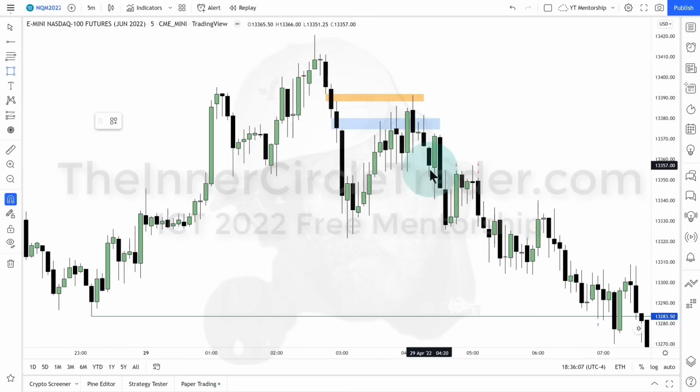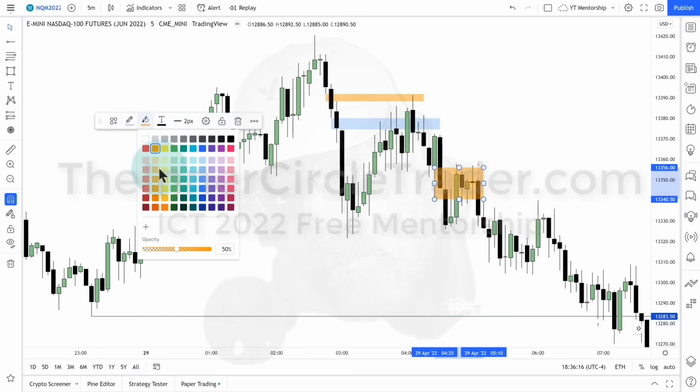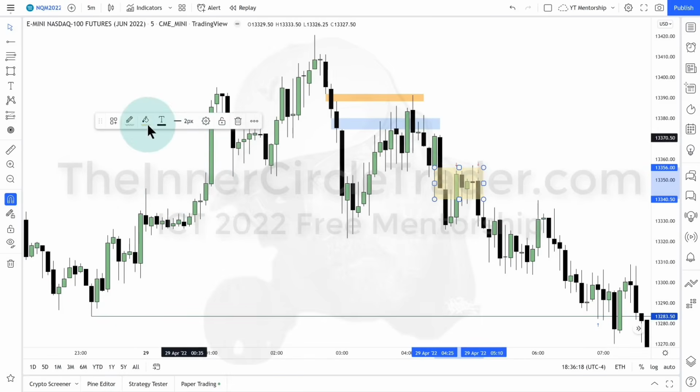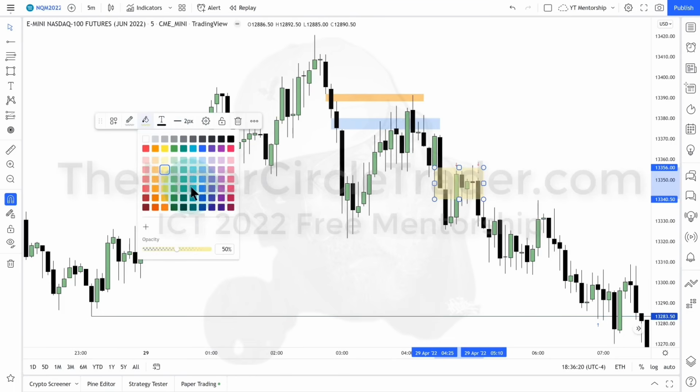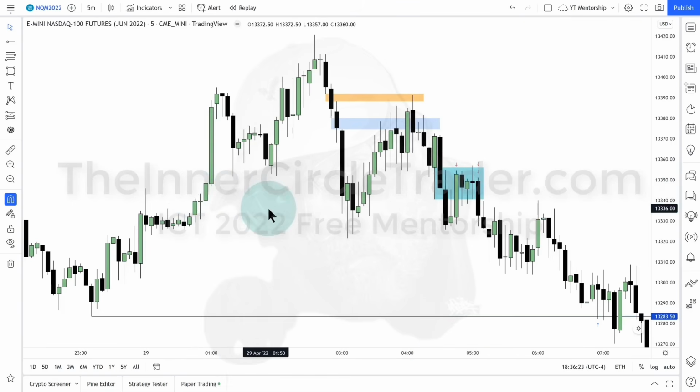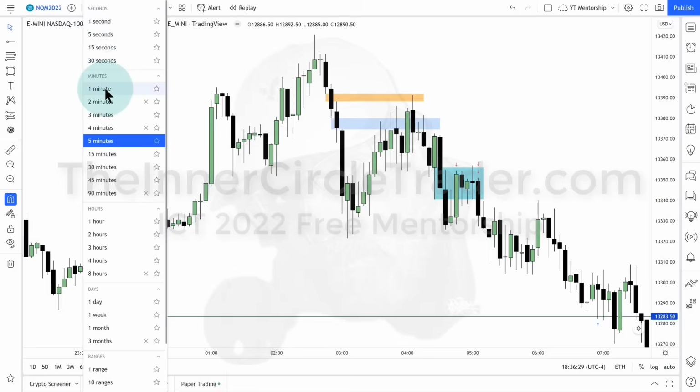right here. So inside this shaded area, this is what I'm going to be executing in. Not with that color I am. Okay, that's good enough. May not be your choice, but it's mine now. All right, so we're going to drop into a 1-minute chart.